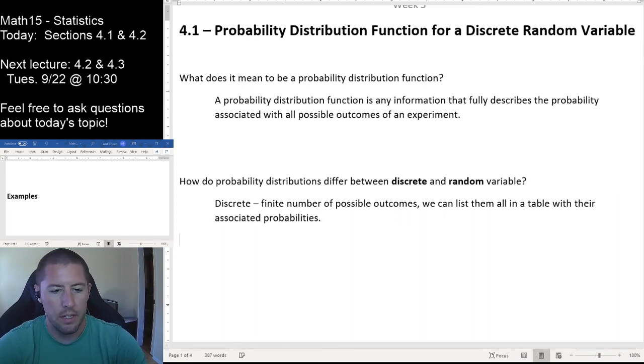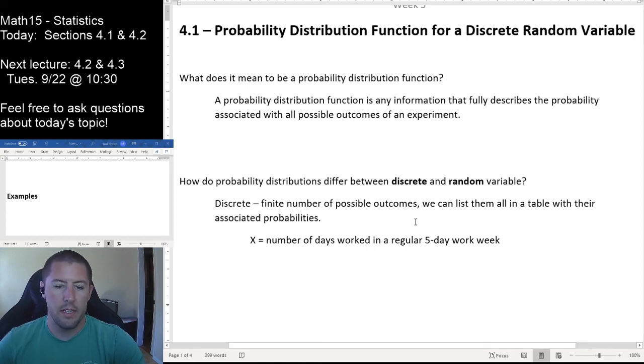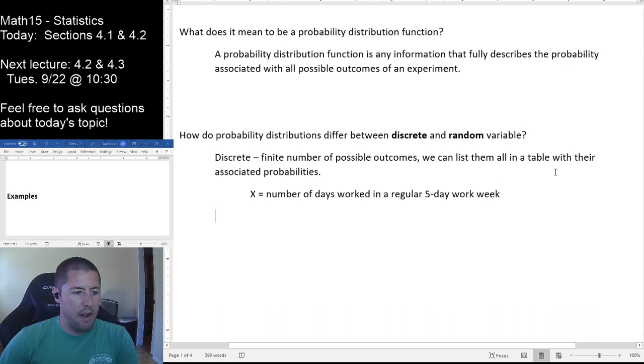What we could do here is say, for our example, X is the number of days worked in a regular 5-day work week. Maybe I've been sick, maybe I've been lazy, something like that. Then we could describe this variable as a discrete random variable. It's discrete because you're always going to tell me a whole number of days.